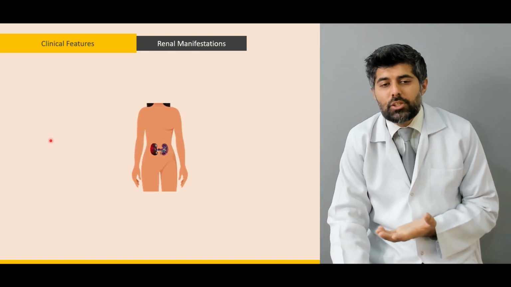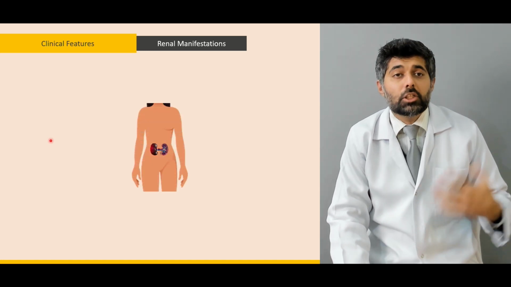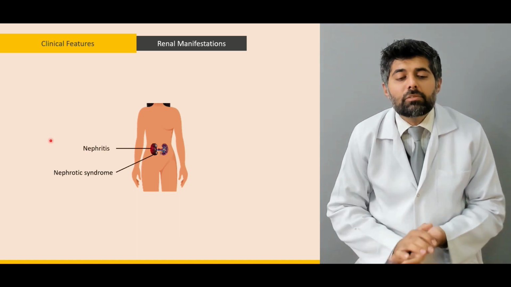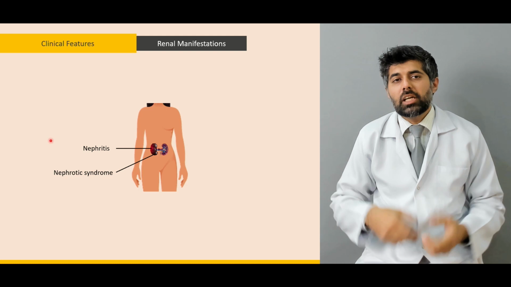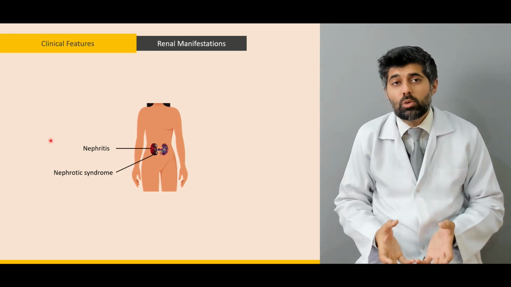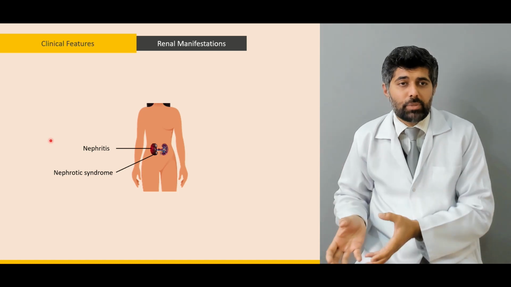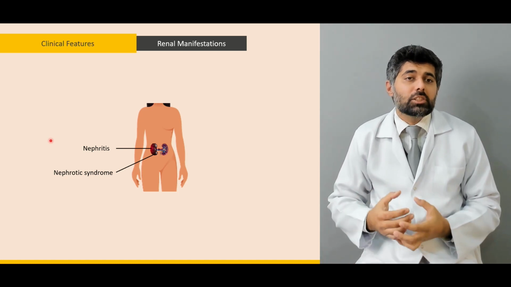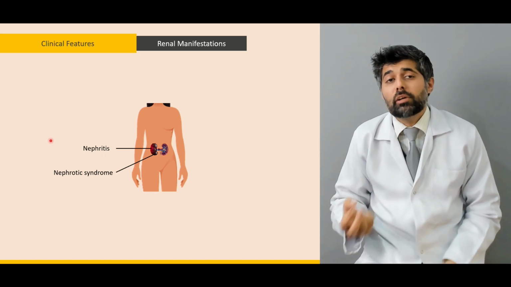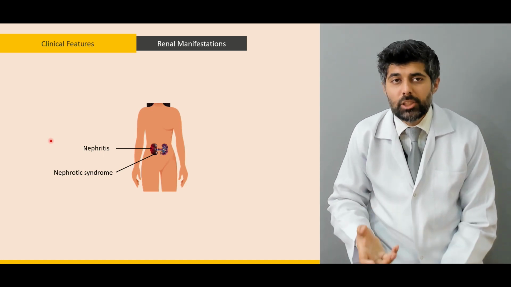Another manifestation that we discussed earlier is the renal manifestation. Renal manifestation usually results in nephritis, that is, inflammation of the kidney tissue. This results in not only lupus nephritis but might also give rise to nephrotic syndrome.